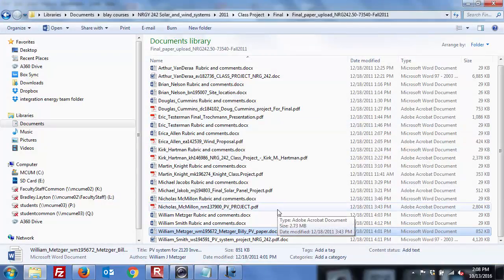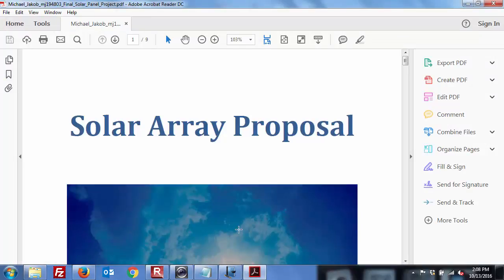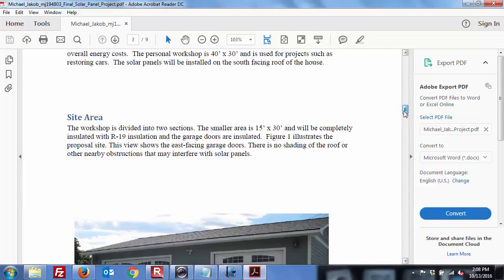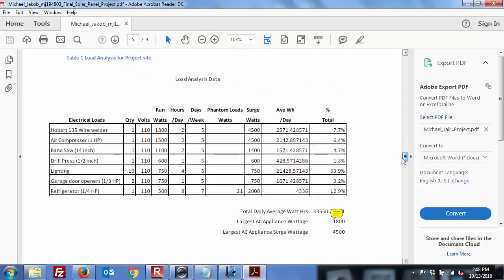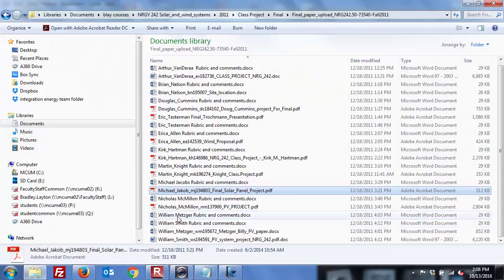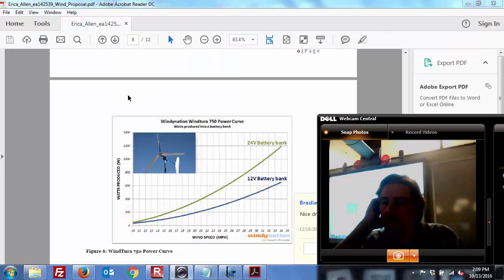I'm going to find one that's... This might be a challenge because back in the day we were still doing solar PV standard service. If I can't find one, I'm just going to pause here for one quick sec. Give me a second. Okay, I found a pretty good one.